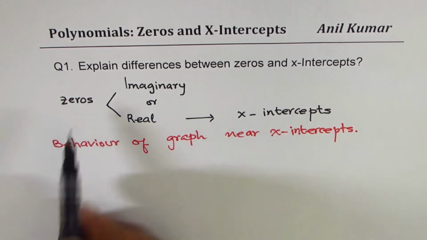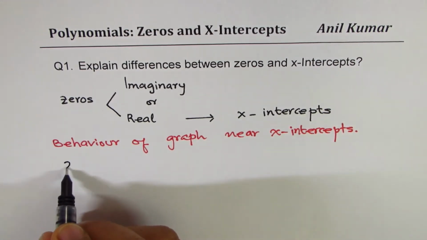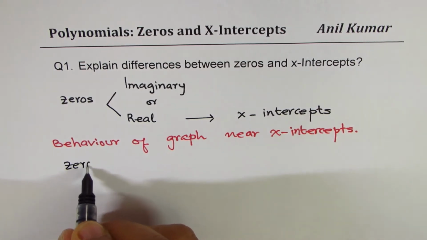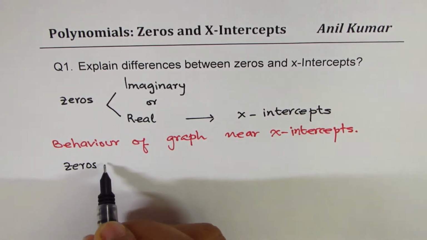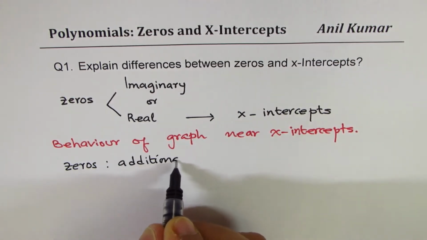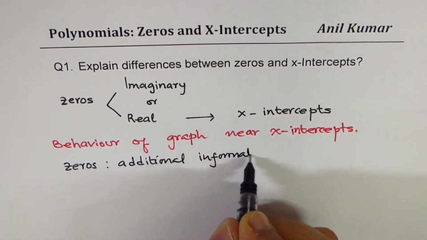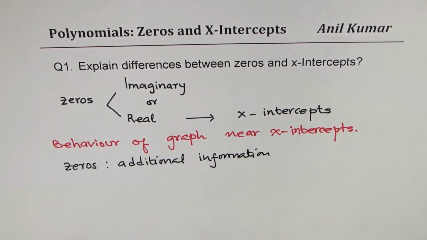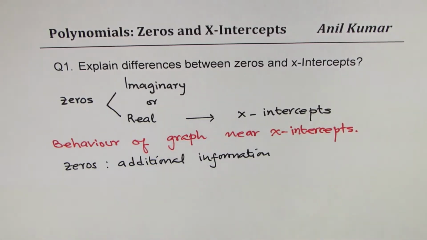The zeros also provide us with some additional information, right? So let's look into zeros' capability of providing us with some additional information. What kind of information do zeros provide, which is missing from x-intercepts?